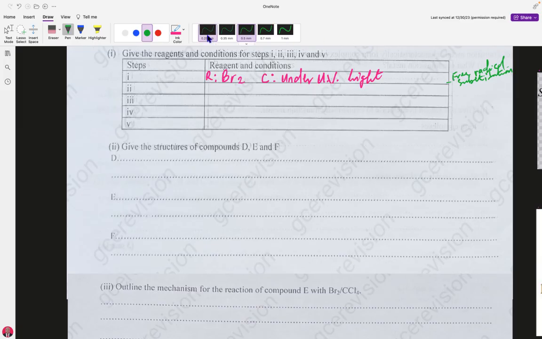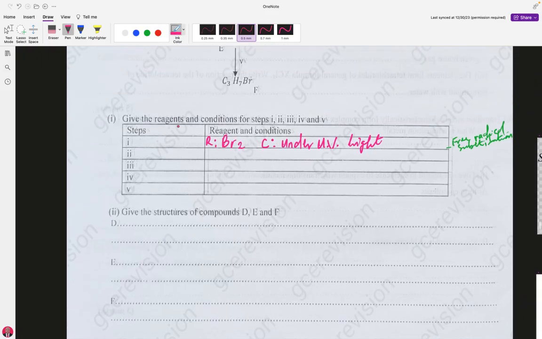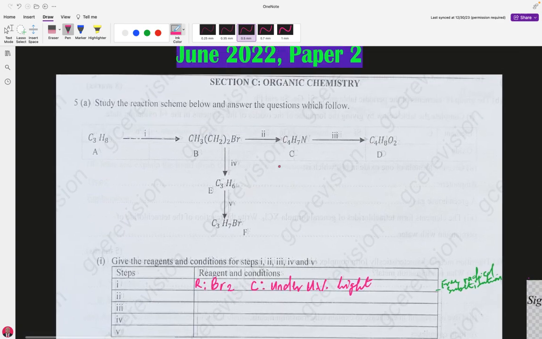Now let's proceed to number two. How can we convert a haloalkane? I'm seeing four carbons there.